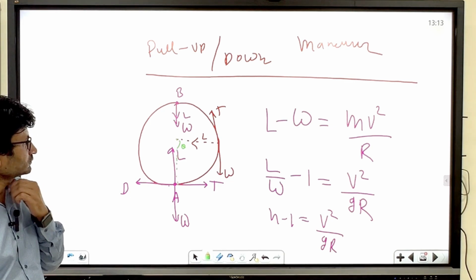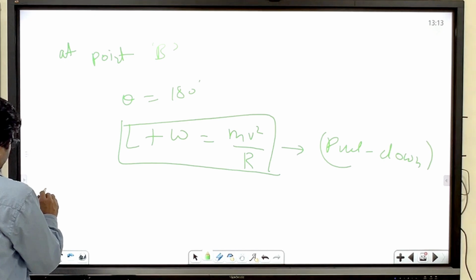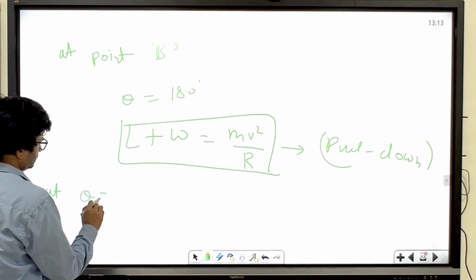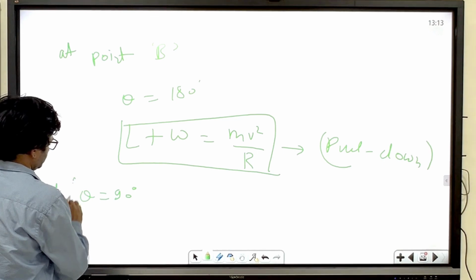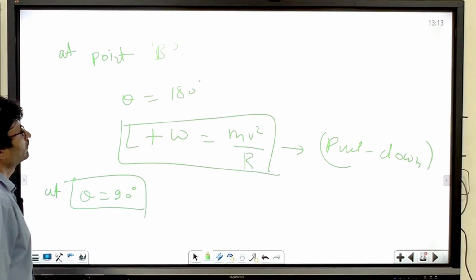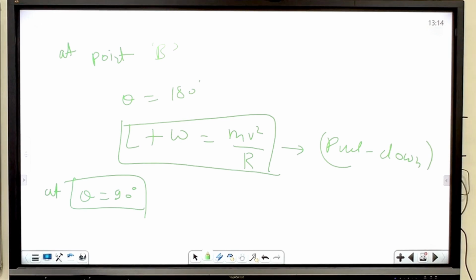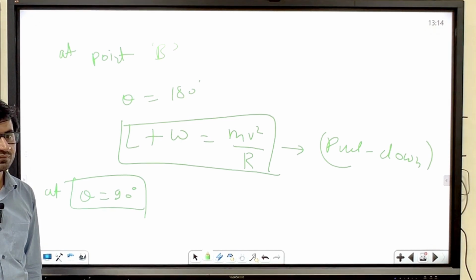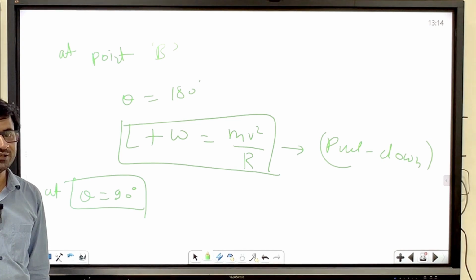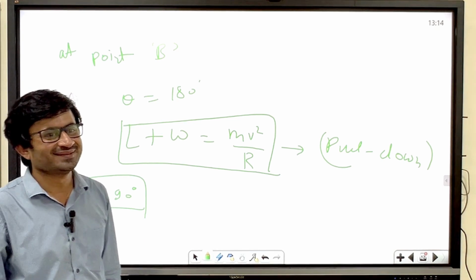Okay. Put theta equal to 90 degree. Can theta be 90, is it possible? So it is 0, it is 180, so in between 90 will come.